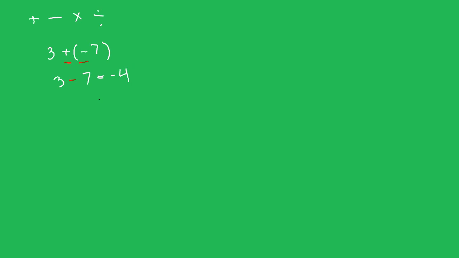Now with subtraction, what you do is, you'll see if you have 3 minus a -7, you'll see those two minuses next to each other, and that becomes a positive.